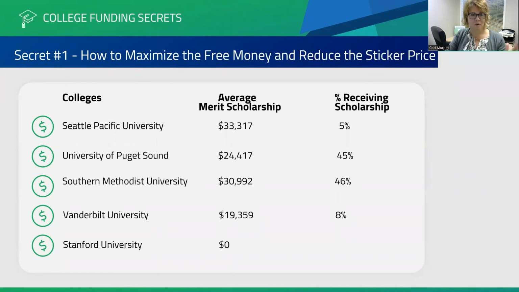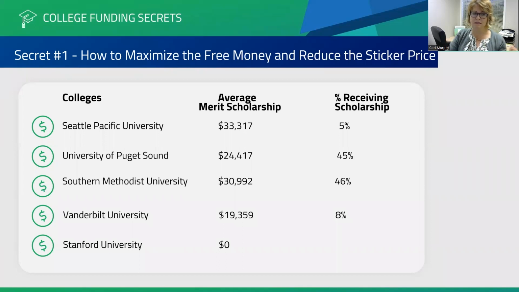So this is why, where are we falling on that grid? If they're only giving need-based money, we absolutely have to be over in that exceptionally gifted part. Because if we're not there, everybody else is paying full price. Seattle Pacific, we need to be over there to get some. Everybody else is paying full price.